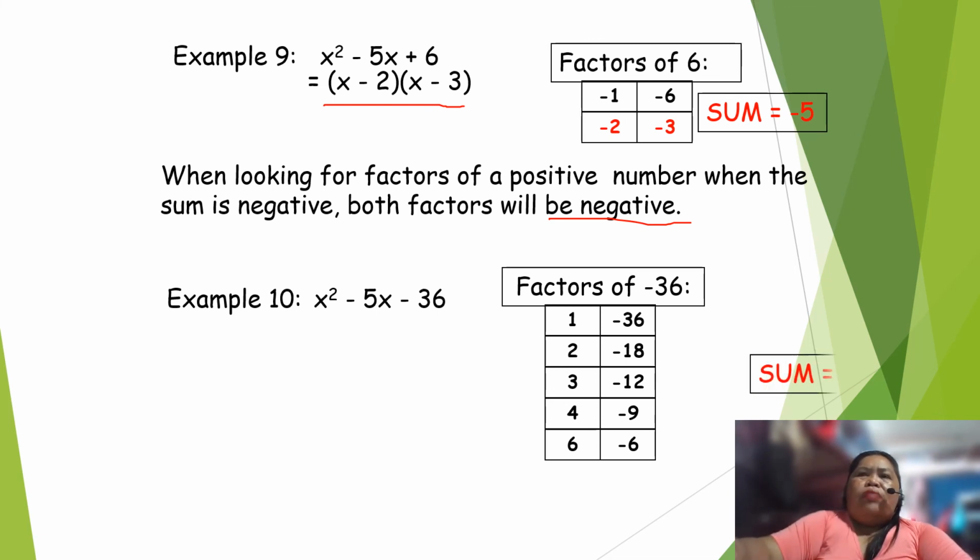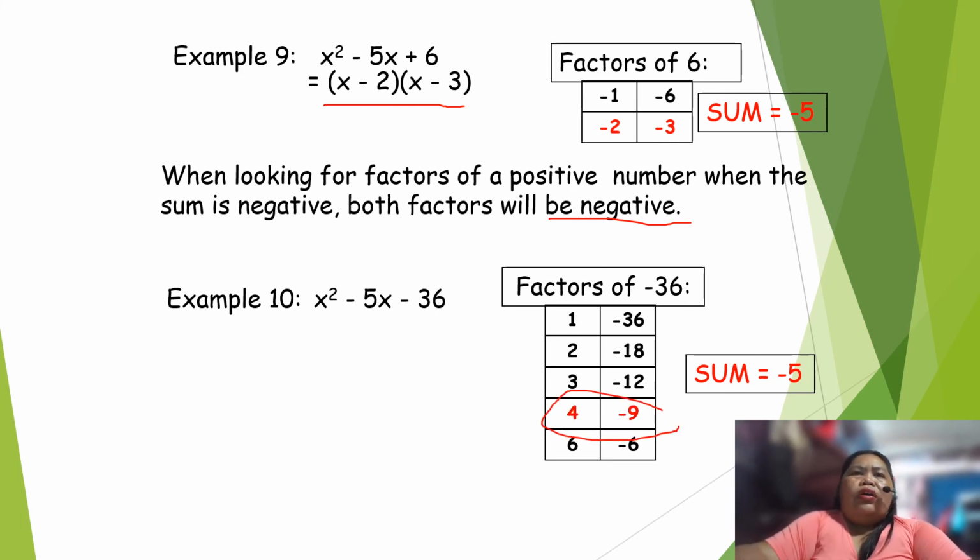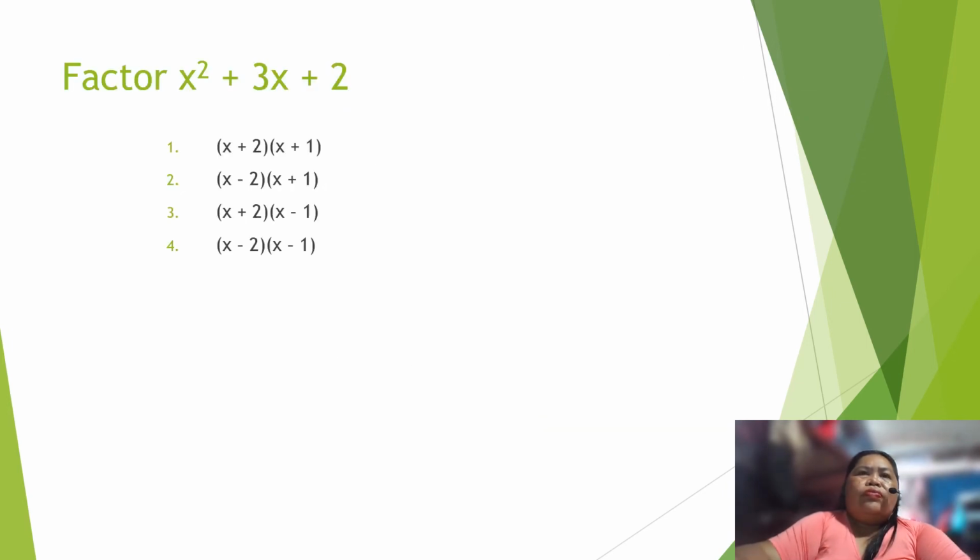But their sum must be negative 5. So we have positive 4 and negative 9. So these are the factors.